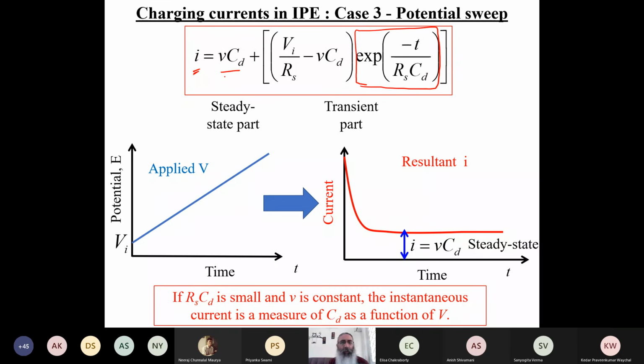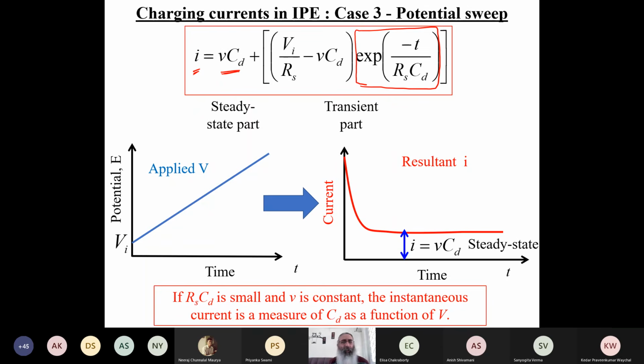Nu Cd is independent of time. Nu itself is a rate of change of potential, so that is not dependent on time. You are not accelerating the potential, you are applying a constant change in the potential. That change in the potential, for no matter what time interval you take, is going to be constant.